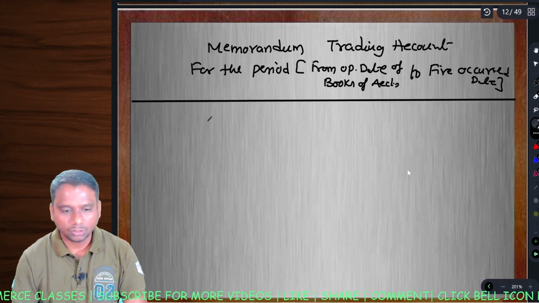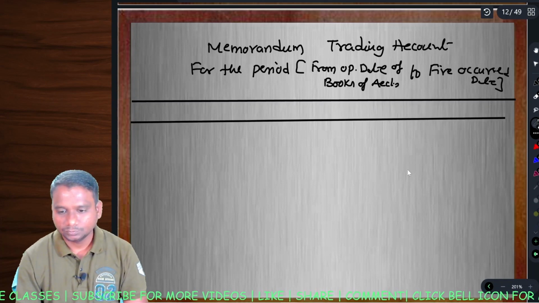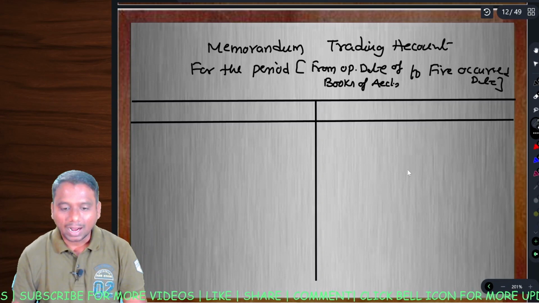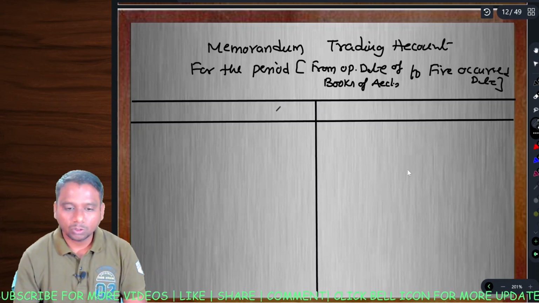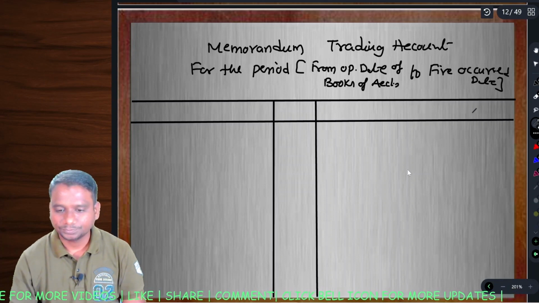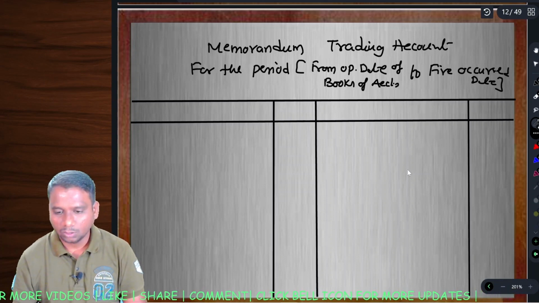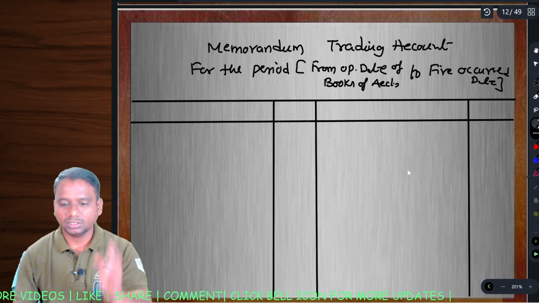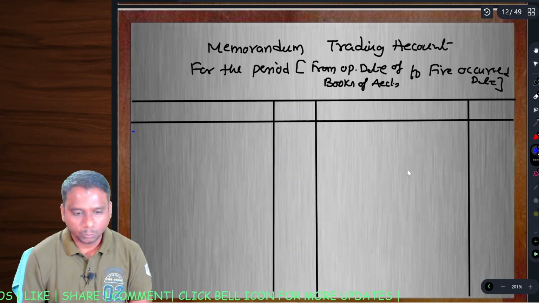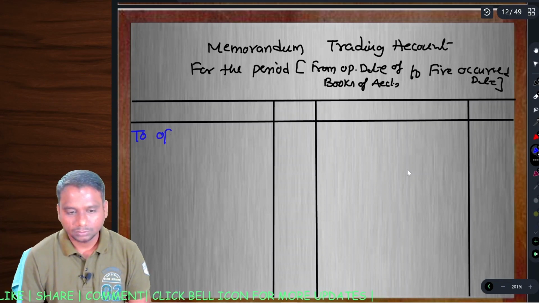Now draw the account format. See, the formula we converted into a statement, and the same statement now we are converting into an account. Now we'll put the same information in this format. First, opening stock. Simple. You know how to prepare a trading account.